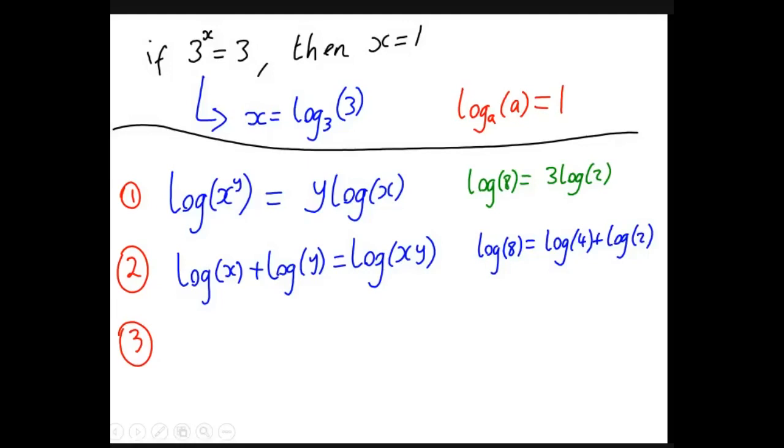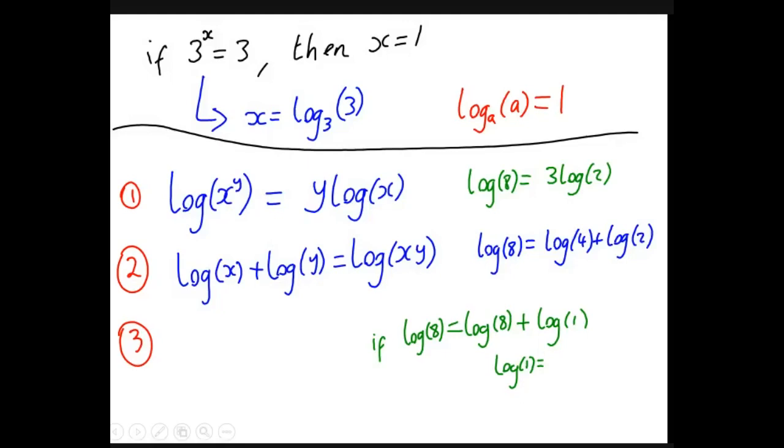Wait, sorry. Could it be any multiple? So could it still be 8 and 1? Yeah, log 8 is the same thing as log 8 plus log 1. Oh, okay. And in fact, let's take that example just so that I can put another rule of logs out there. If log 8 is equal to log 8 plus log 1, then what does that mean that log 1 is equal to? 0.